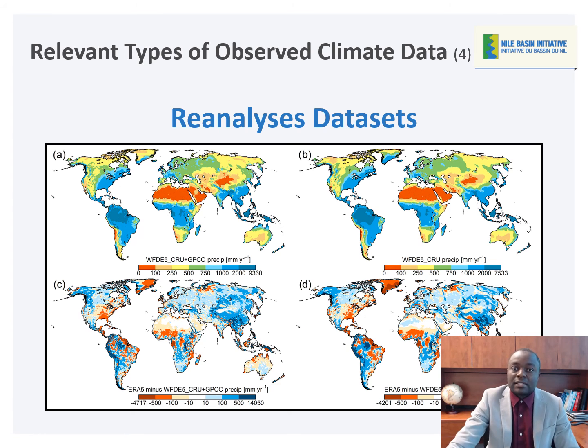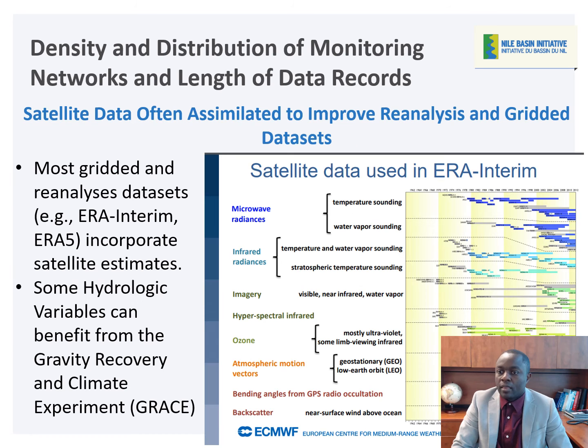So reanalysis data products should be used with caution, owing to the density and distribution of monitoring networks and the length of recorded data declining over time. Reanalysis data sets have become very popular for impact and climate risk assessments.